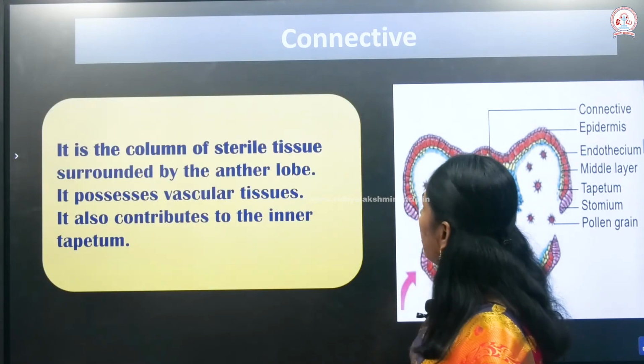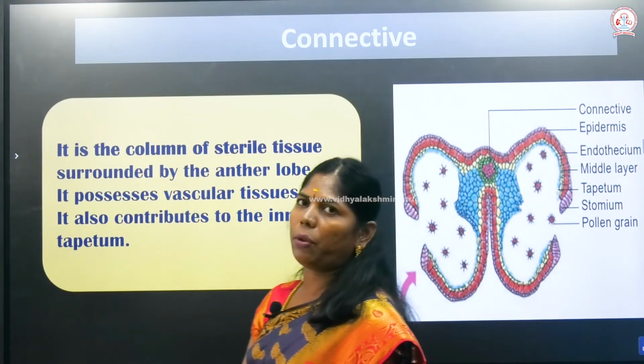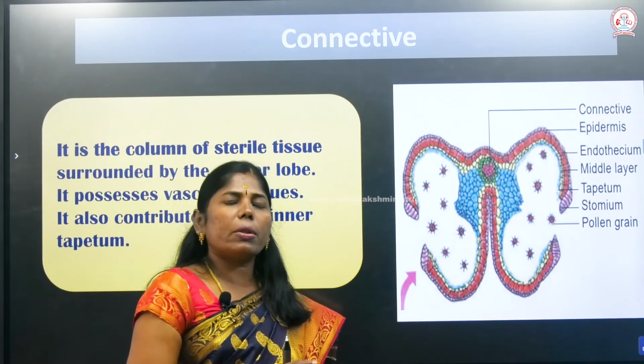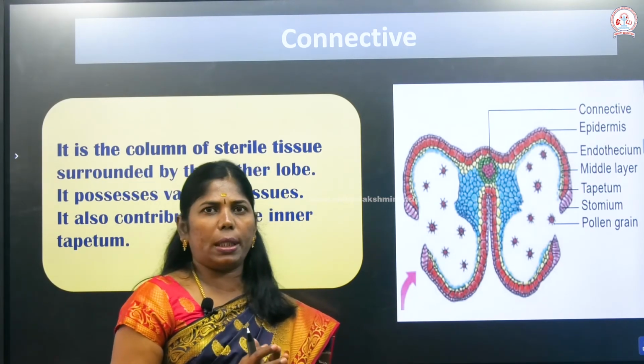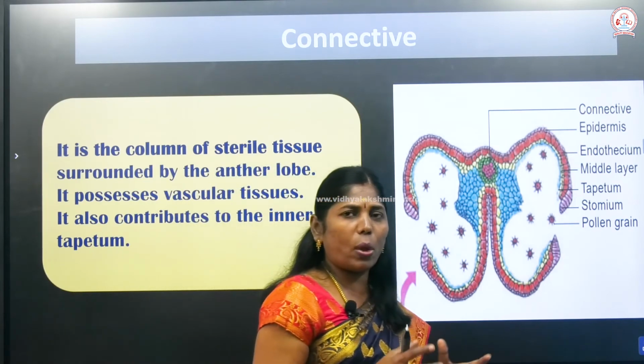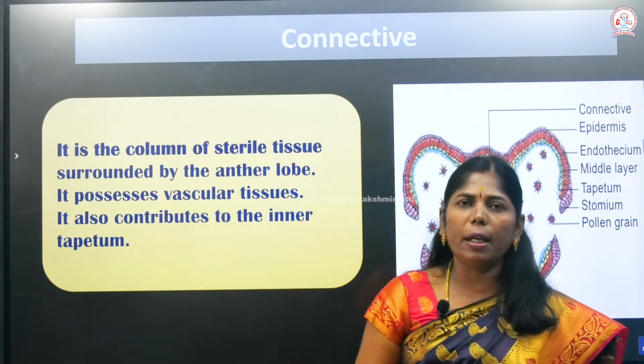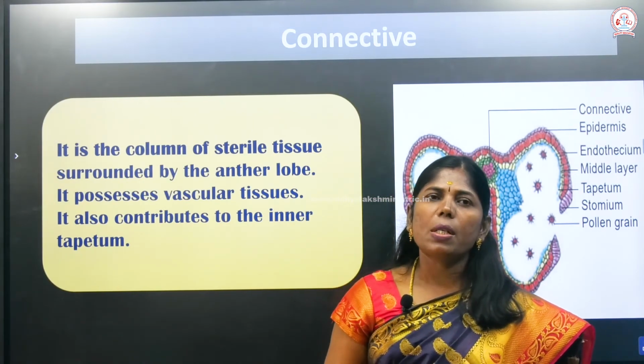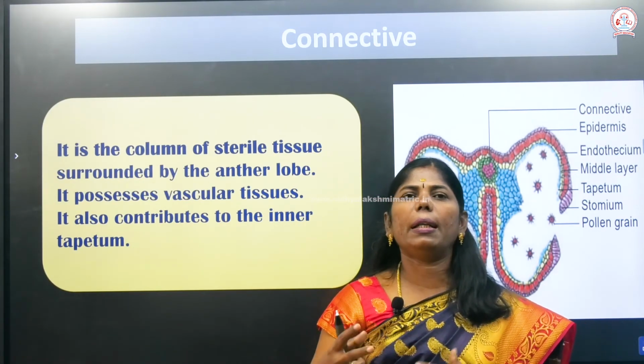And next we will see the connective tissue. As per the name, it connects each and every part. It consists of vascular tissues. What is the function of vascular tissue? They supply water, minerals and food materials. This also contributes to the inner tapetum.